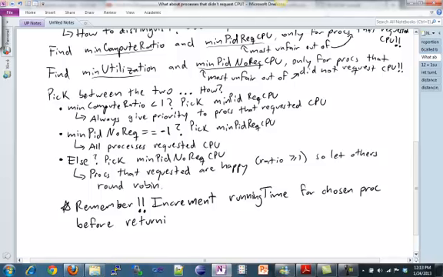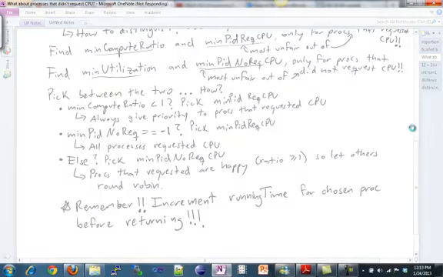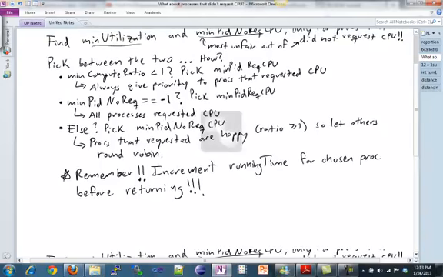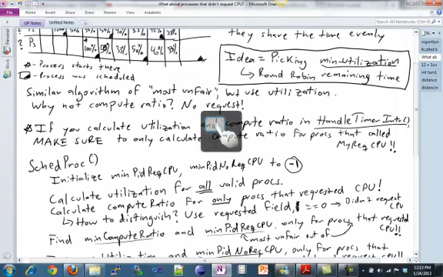Because remember that if we picked it, that means that it's going to run for one more quantum. So be sure to increment whichever one you did pick. Be sure to increment running time. Just +1. Okay, cool. And with all this, you should have a pretty good idea of how to get proportional share working for processes that did request CPU and processes that did not request CPU. And that's the end of this video series.